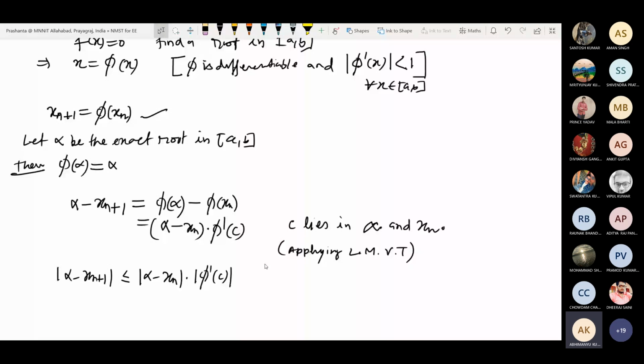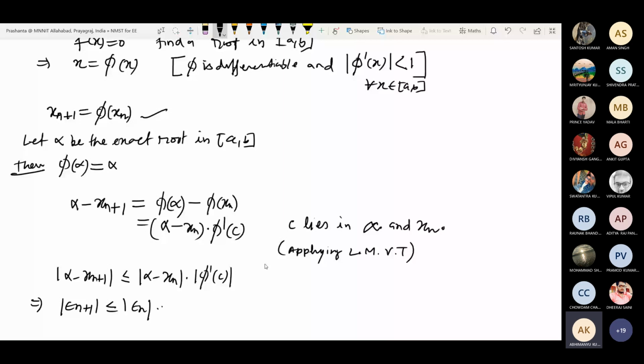Now what is mod of phi dash c? On the left hand side we have mod of epsilon n plus 1, that is less than or equal to mod of epsilon n times mod of phi dash c. And what is phi dash c? That is less than 1. You see, sir, so into 1.